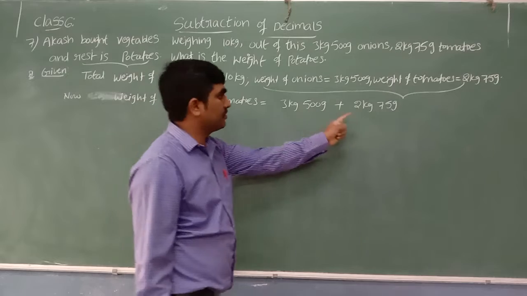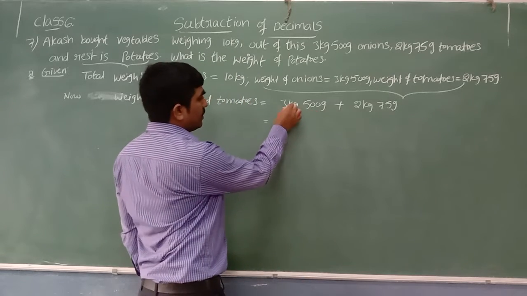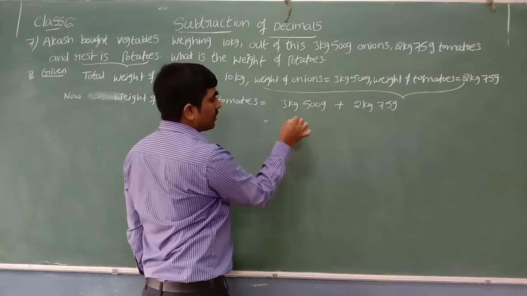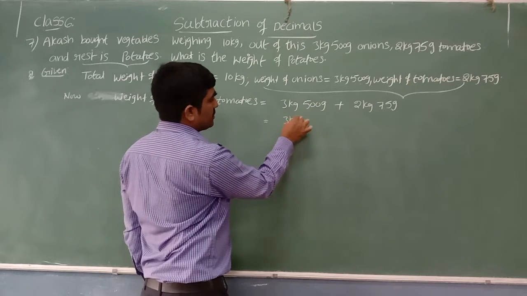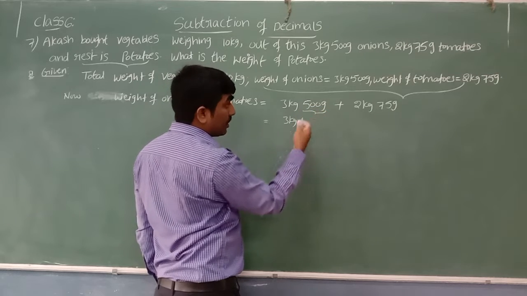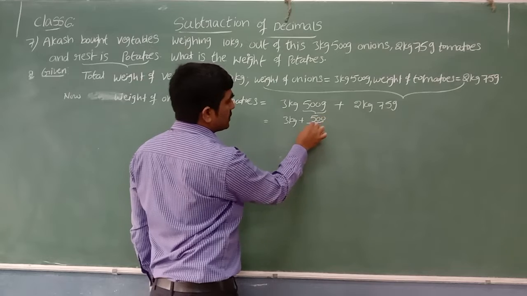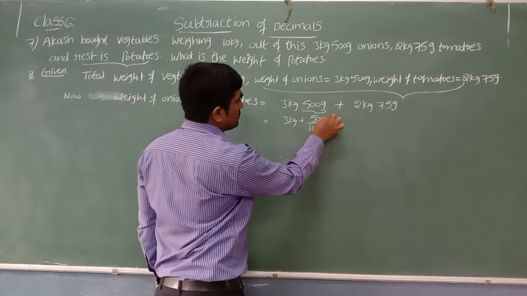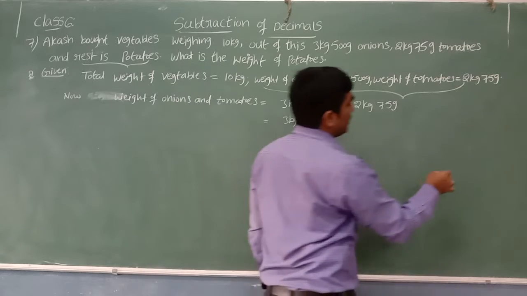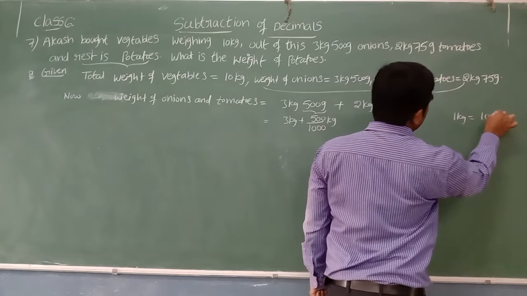Now find the addition of these two. First of all, we have different units here. Convert into the same units. We will convert both into kg. 3 kg as it is, and this we can write plus 500 grams. How can I convert it into kg? 500 grams means 500 by 1000 kg. Yes, last class we learned 1 kg is equal to 1000 grams.